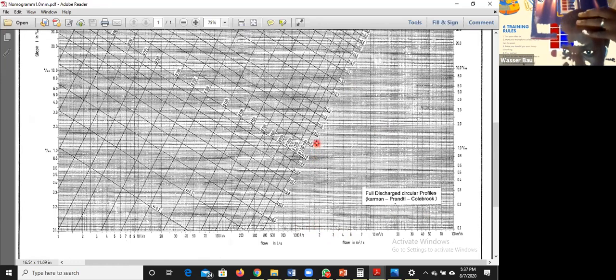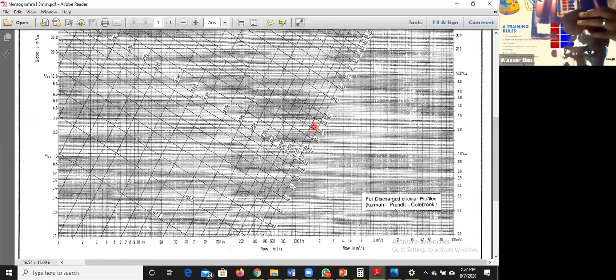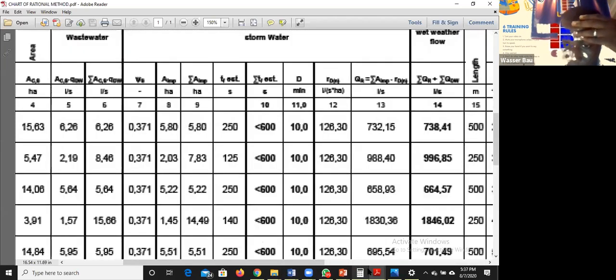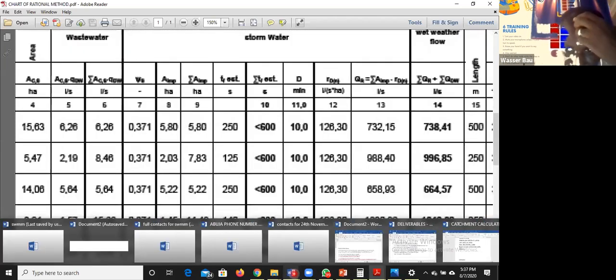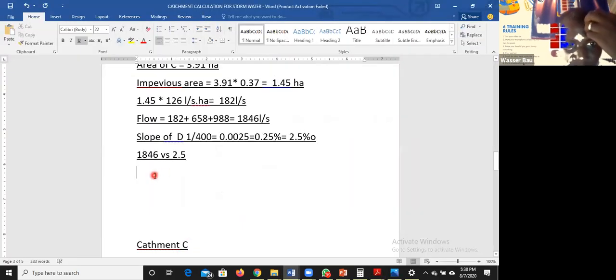So I'll read it and I will go up and measure it against 2.5. 2.5 is giving me 110 mm. So 110 mm. That's 1.1 meter, so for you to know how big it is.